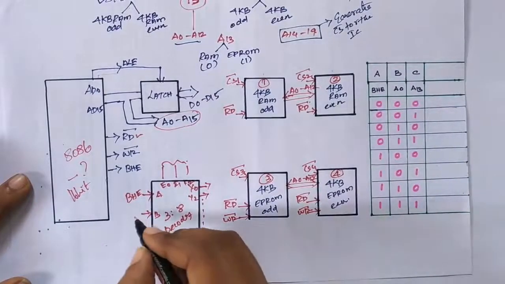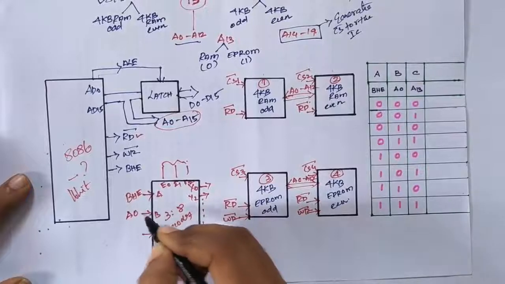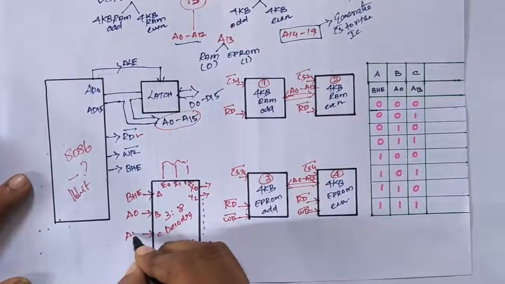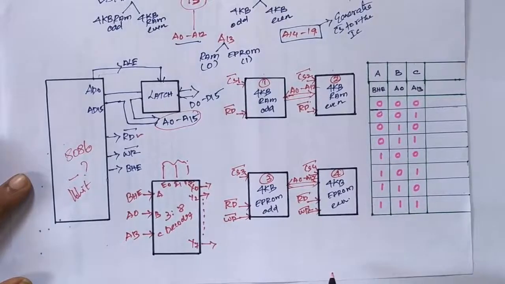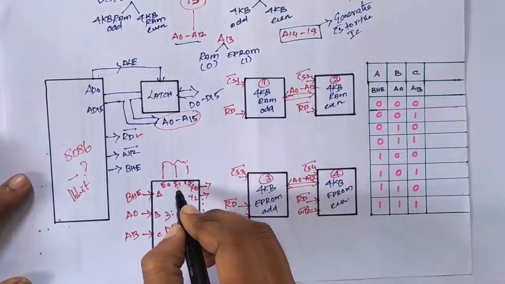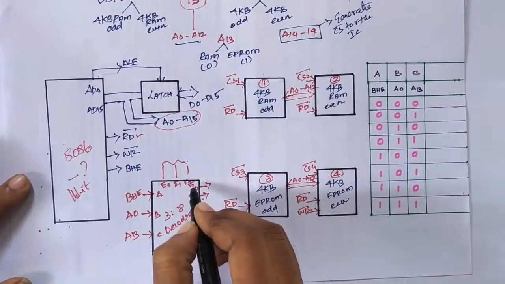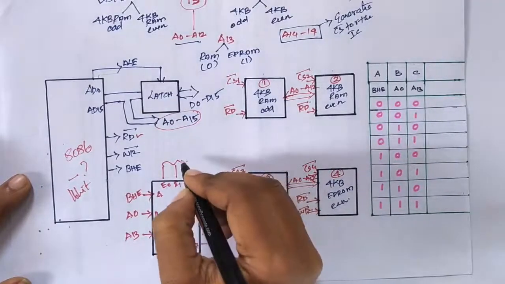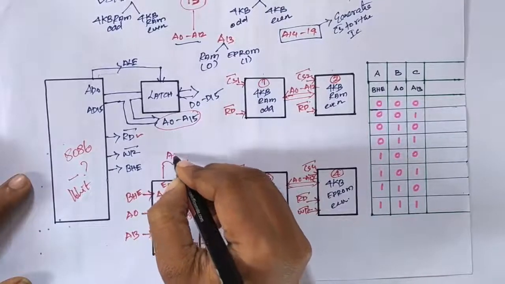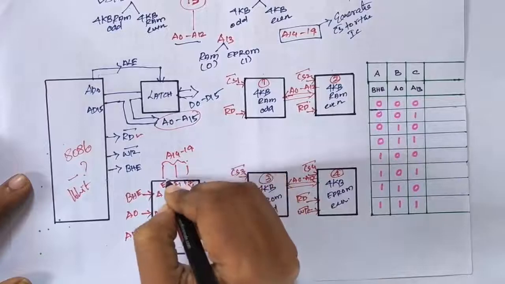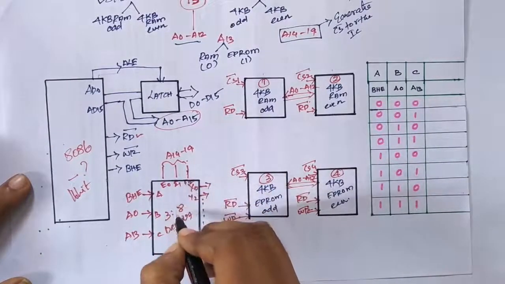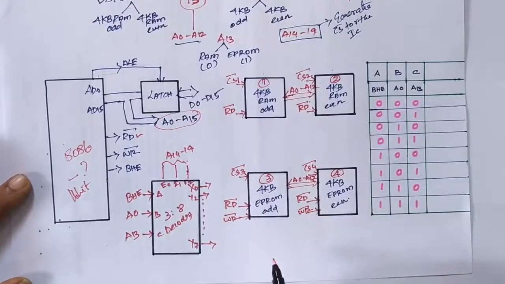B is connected to the A0 address line of the processor, and C is connected to the A13 pin. E0, E1 and E2 are connected to the remaining lines of the microprocessor: A14 to A19 lines are connected to E0, E1, E2 to enable the 3:8 decoder.